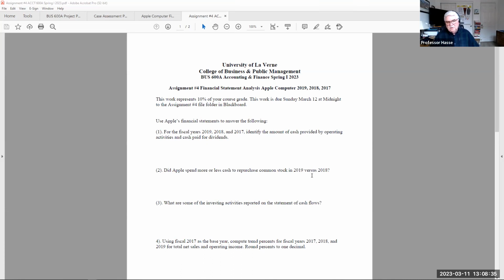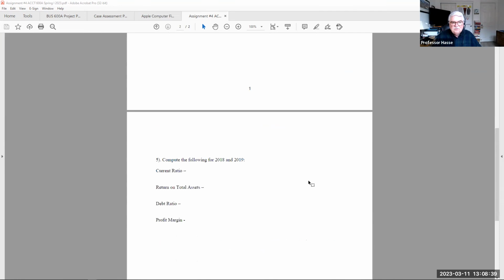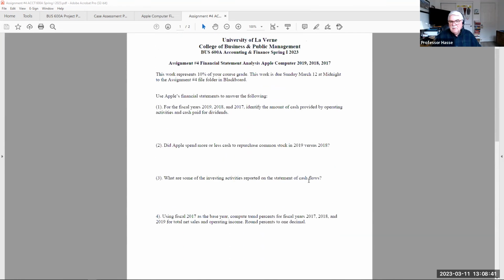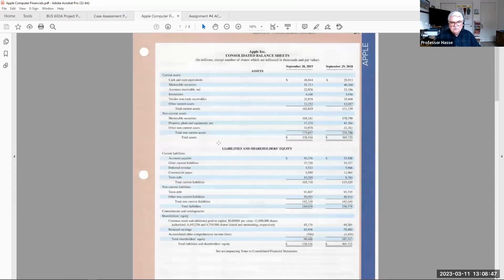So what I want you to do in this assignment is basically answer these 5 questions by going to the financial statement data. Notice that these numbers are in millions of dollars. When you see total assets for September 28th, 2019, that's an interesting point too.